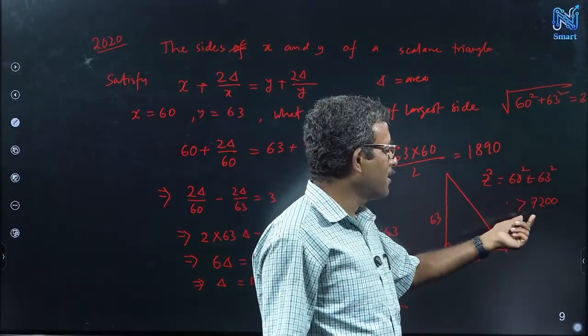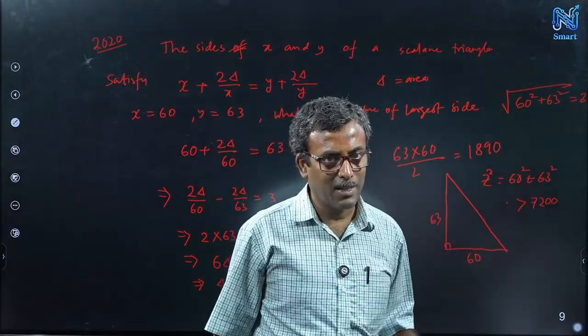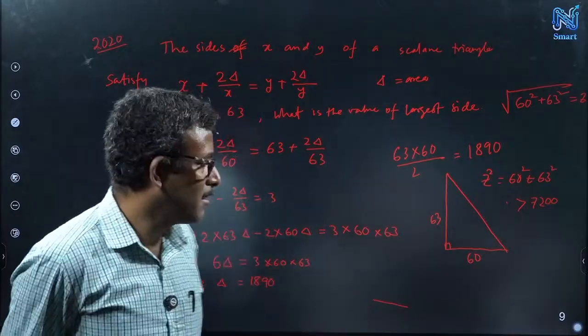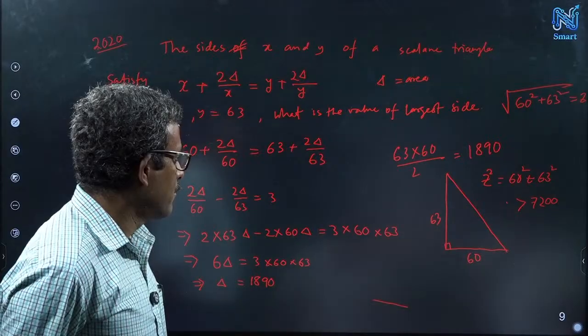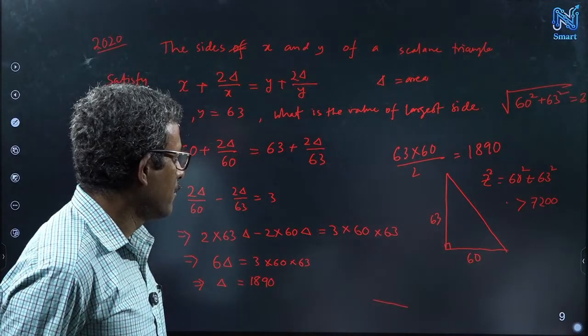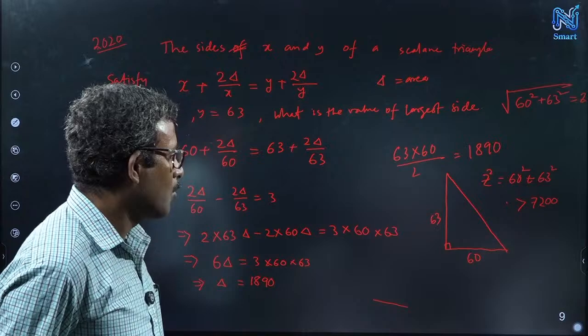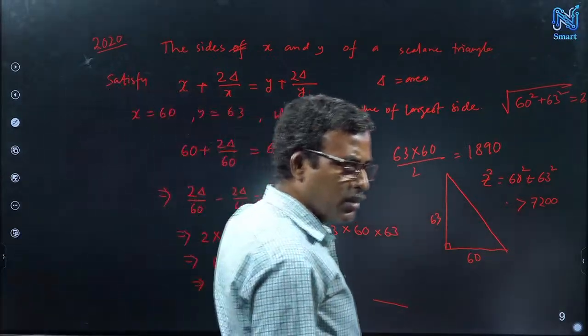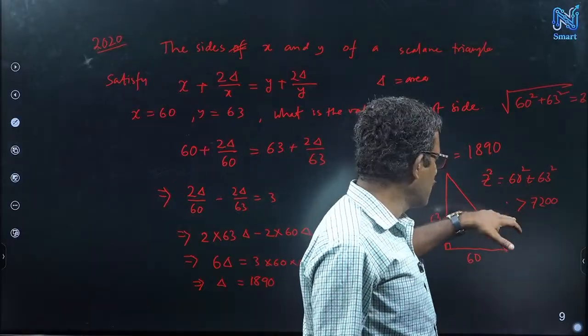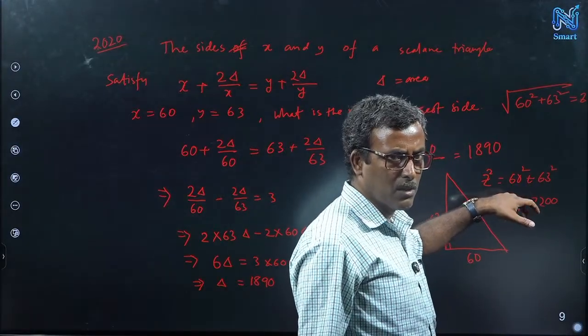So, Z must be bigger than 80 and less than 90. I think it is 87, it is very close to that. So, 83 square will not exceed this thing.